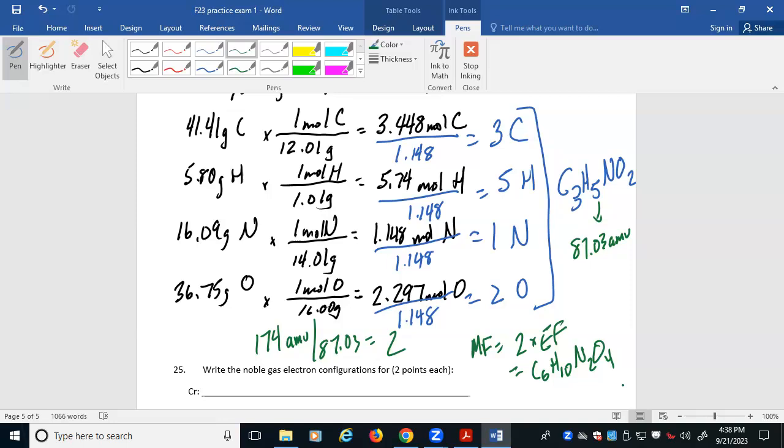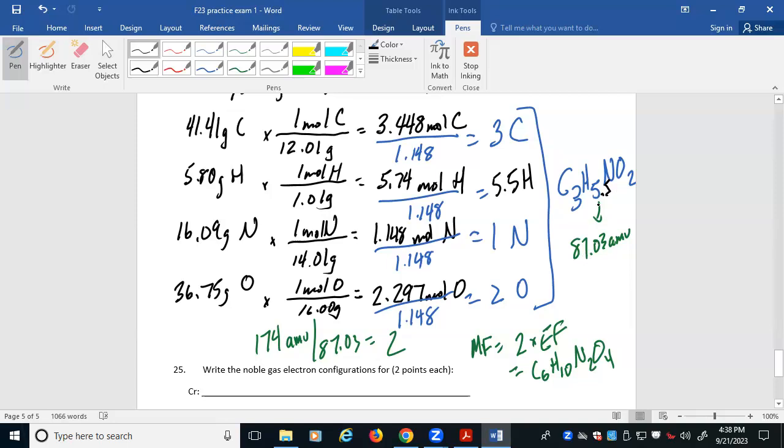So let's just say, for argument's sake here, that instead of 5 hydrogens, it came out to 5.5 hydrogens. Well, obviously we can't make this formula 5.5 hydrogen.